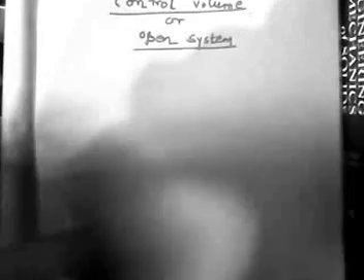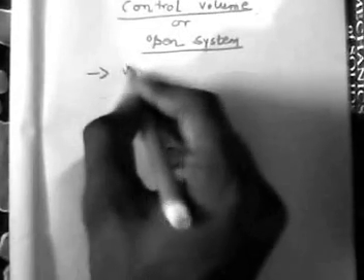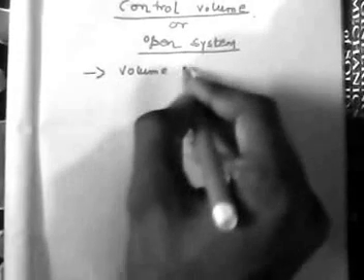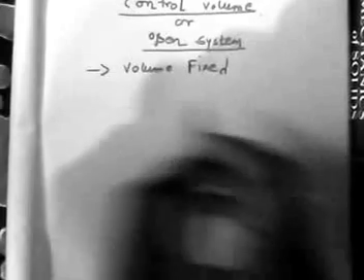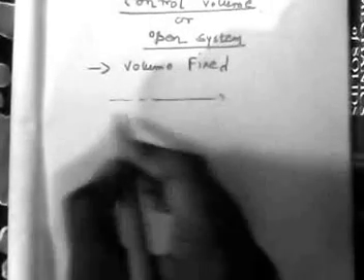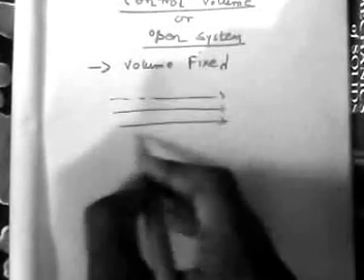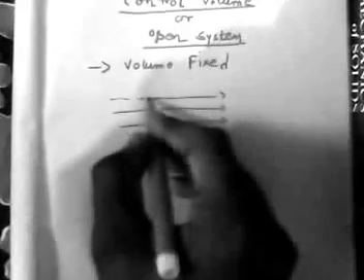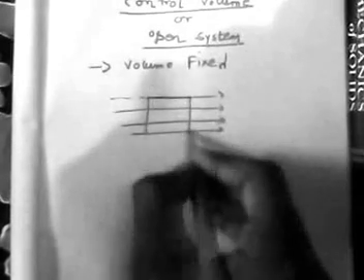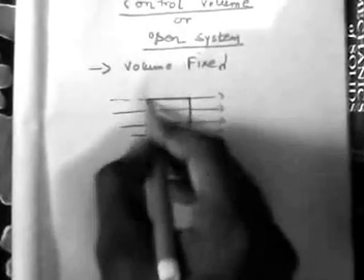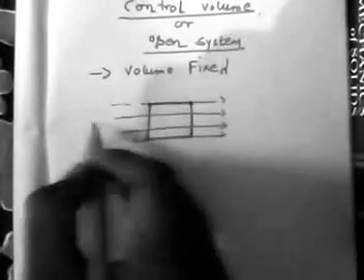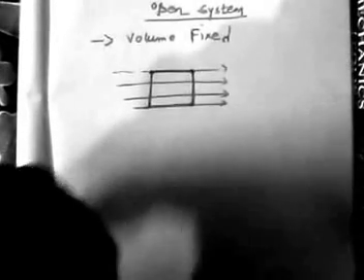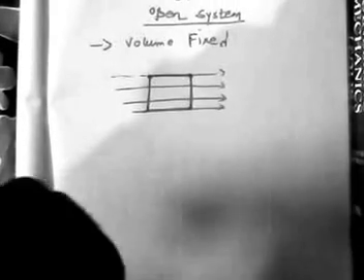Another classified part of system is the control volume system, or the open system. The basic feature of this is that the volume is fixed. That means if you are considering a flow in a particular region, and according to the domain of your problem you want to set the system, then definitely here the mass interaction is occurring across the boundary.